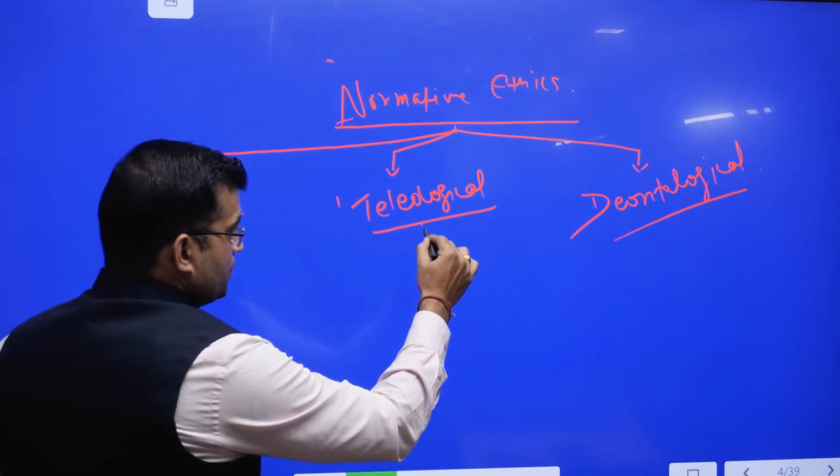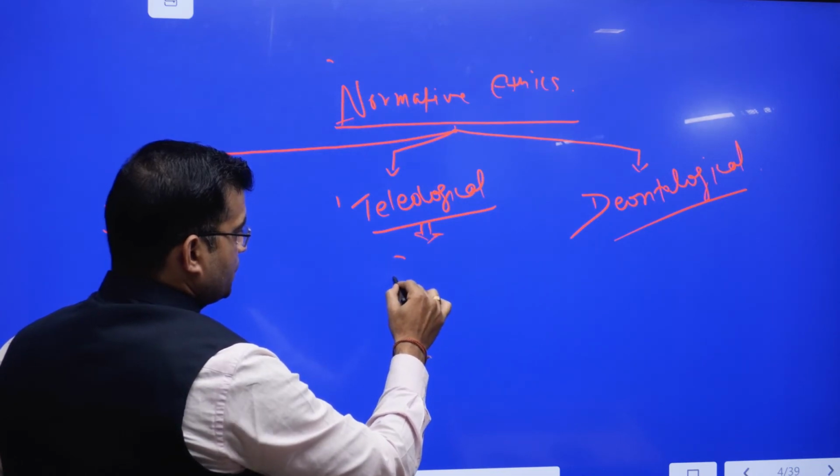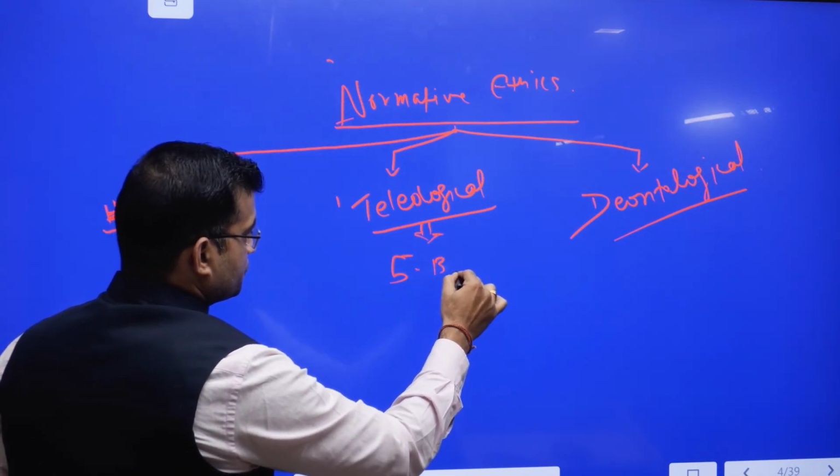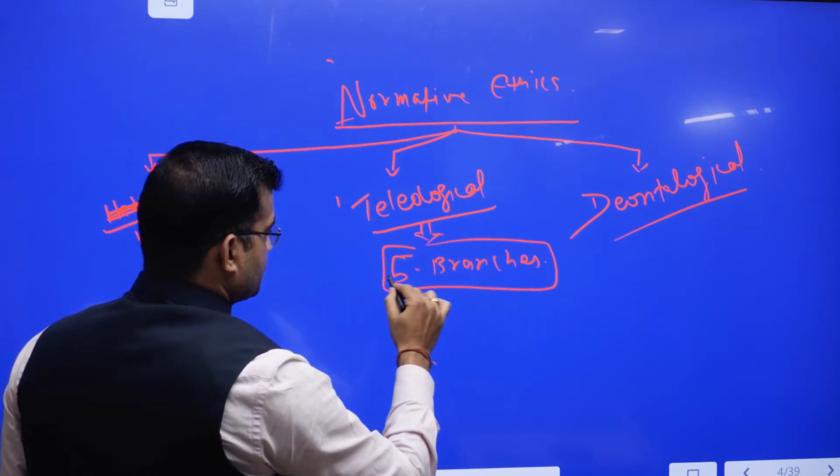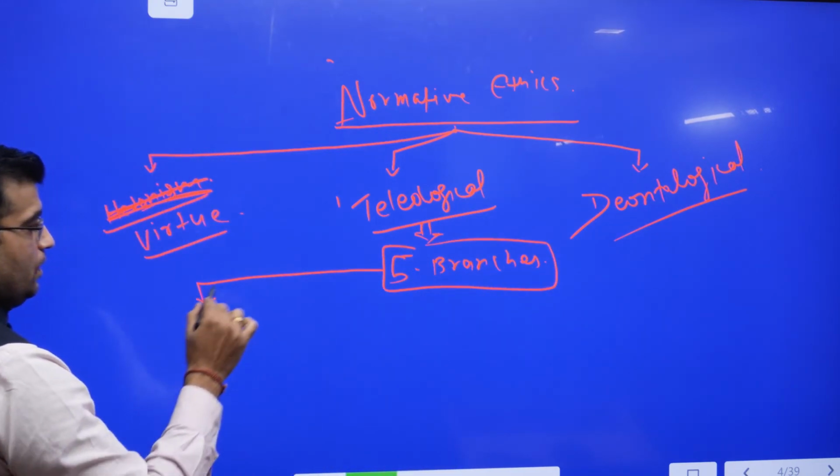In teleological, we have 5 branches. First one, hedonism.